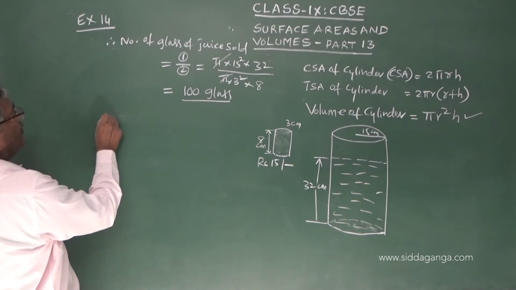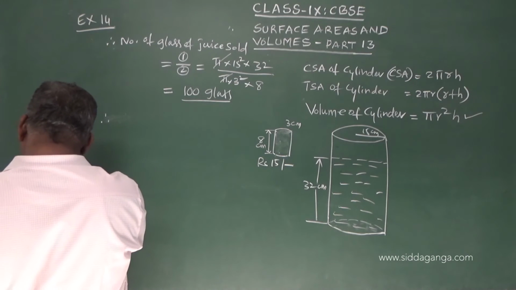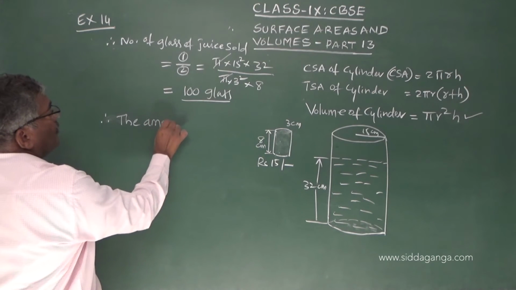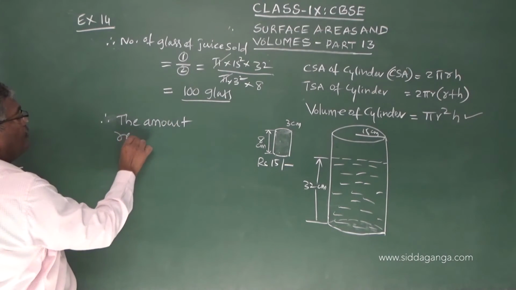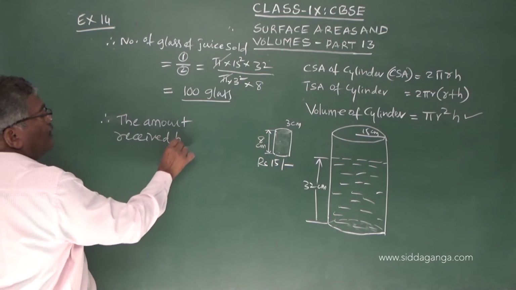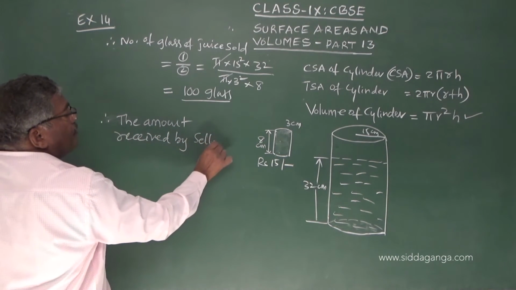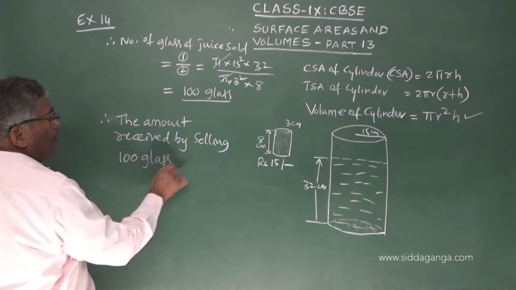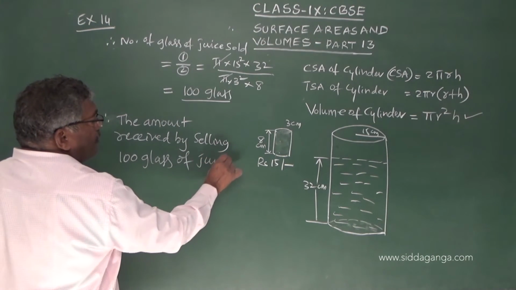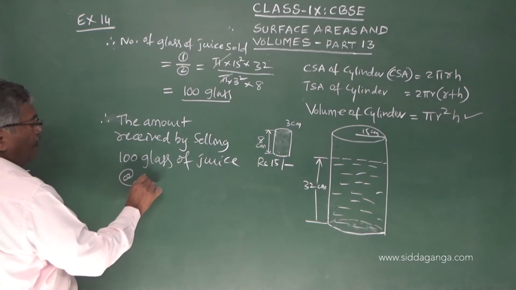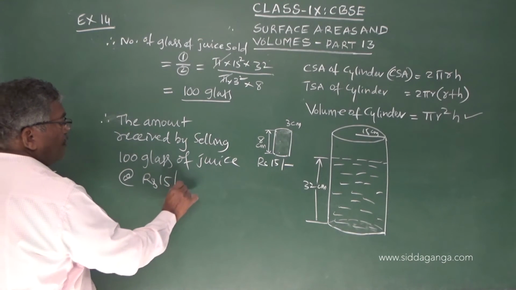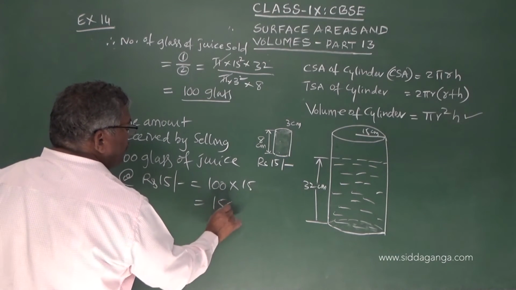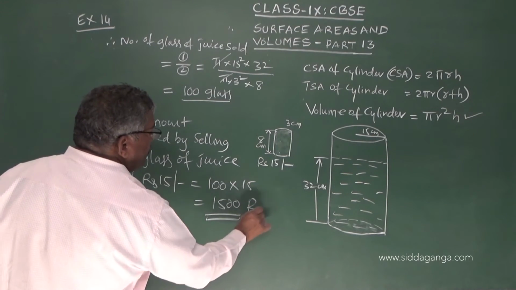So therefore, the amount received by selling 100 glass of juice at the rate of rupees 15 equals 100 into 15, 1500 rupees.